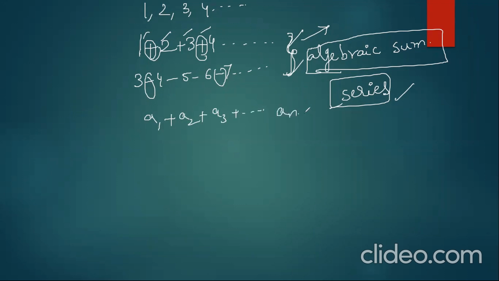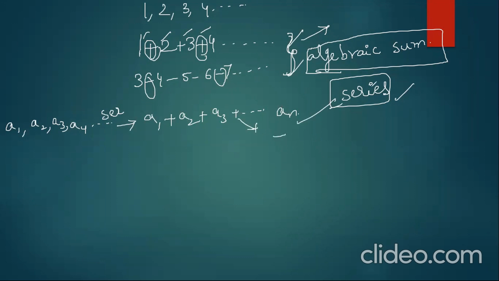If A1, A2, A3, A4, and so on, are written like this, this is the sequence, right? When the terms are connected with either plus or minus, it becomes a series.